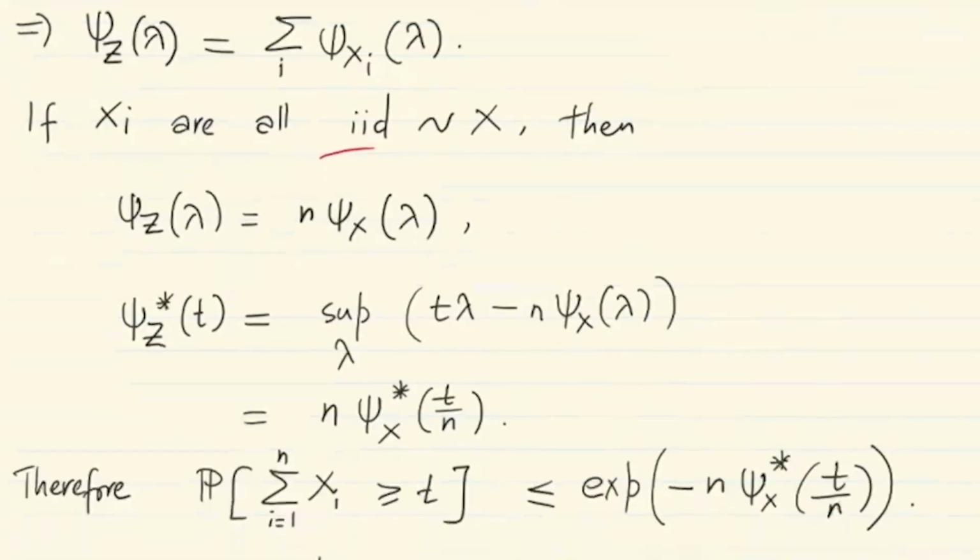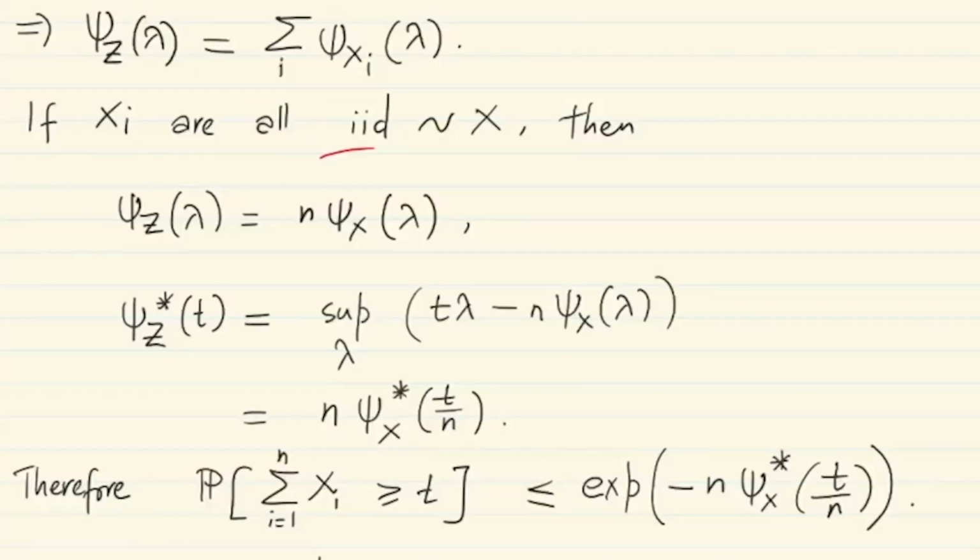So if you start computing the cumulant generating function of z, so Cz of lambda just ends up being the sum of the individual cumulant generating functions of all the xi's evaluated at lambda.